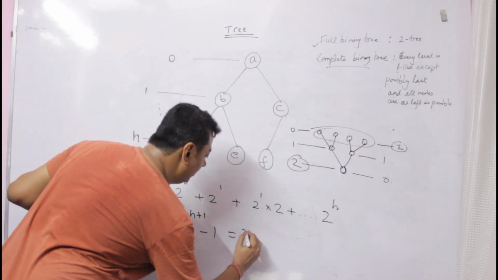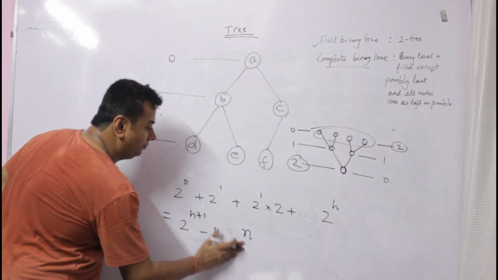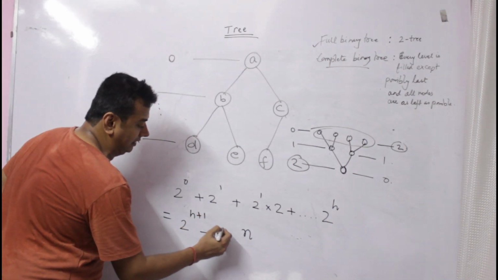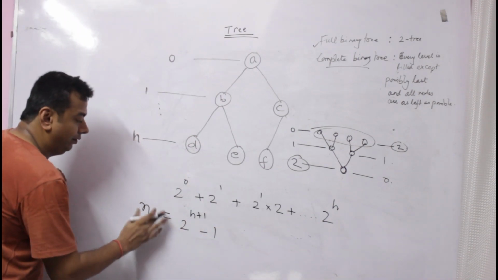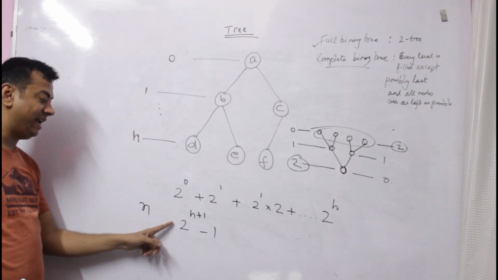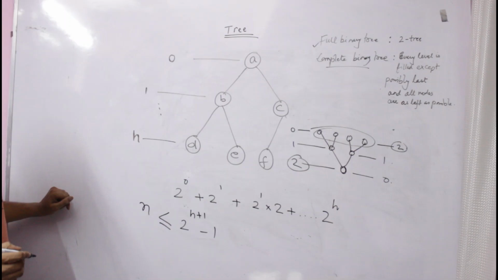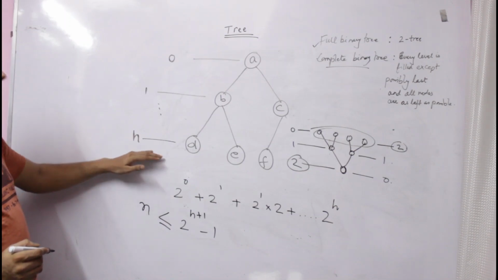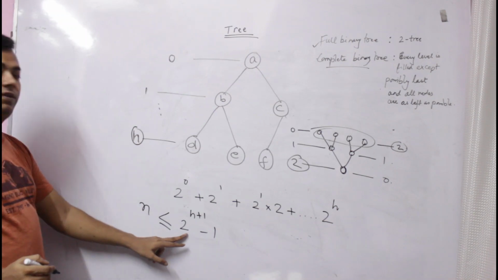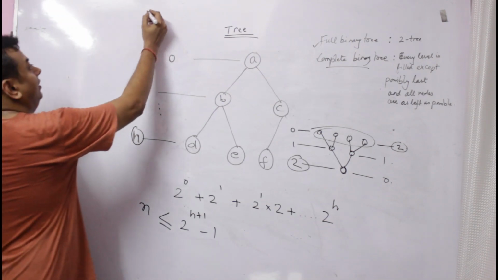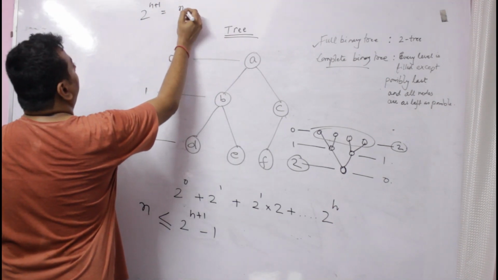I assume that the number of nodes could be less than this also, or equal to, right? So what I am trying to compute here is this height h. So what will be the height h? 2 raised to power h plus 1 is equal to n plus 1.